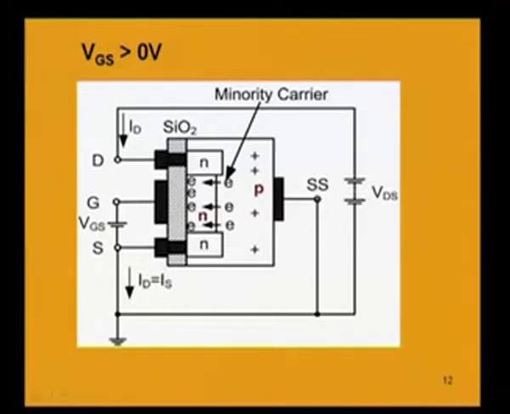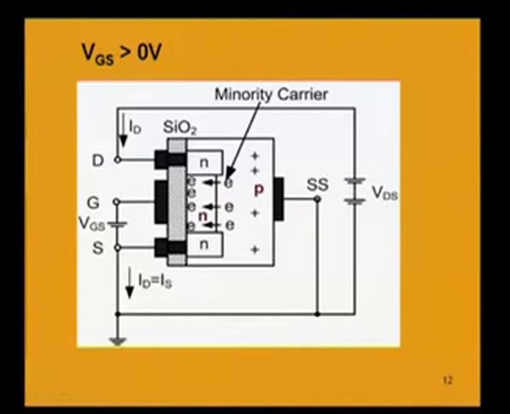Now, if we go on increasing this VGS further, the current between drain and source will go on increasing. As VGS is increased, the kinetic energy achieved by the electrons will increase.